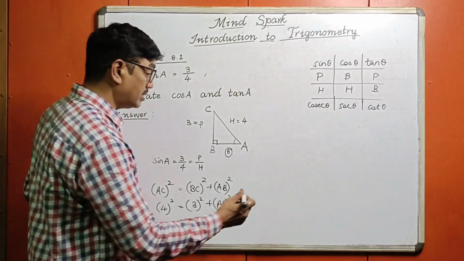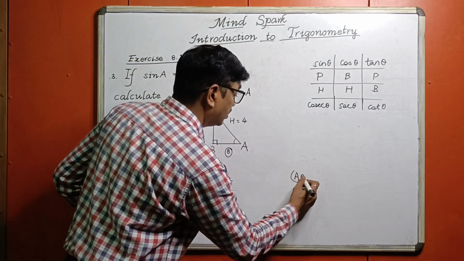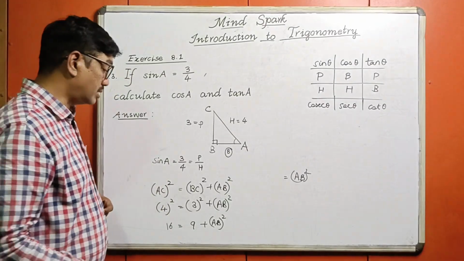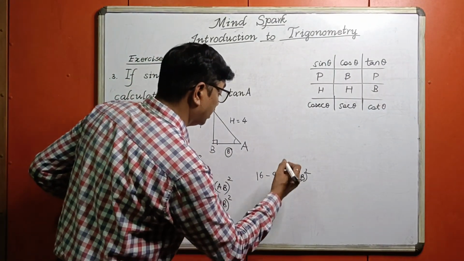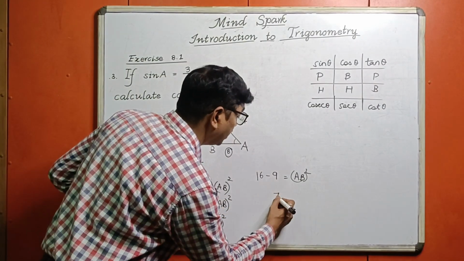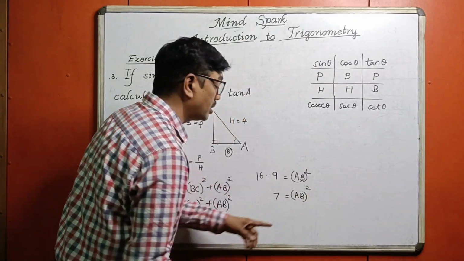Now from this equation, AB square is equal to, this 9 you can send this side, so it will become 16 minus 9. 16 minus 9 is how much? It is 7. 7 is equal to AB square.